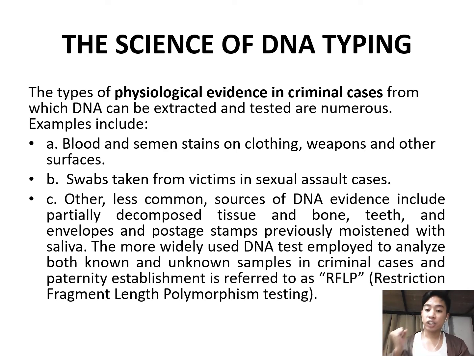Or sinaksak niya yung tao na yon or niyakap niya while doing something wrong. And then meron siyang stains dito sa damit niya. Then definitely that is the evidence. And then pag nag-match yung evidence na yon with someone na victim, then definitely that is something na pwede nating i-admit sa court.